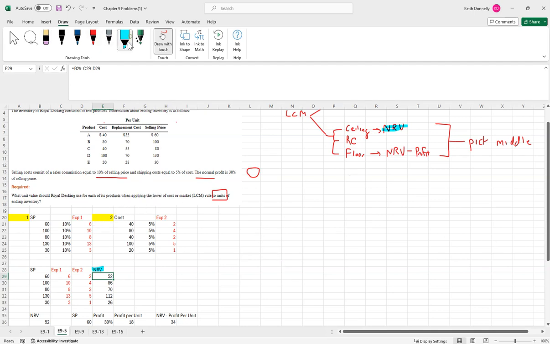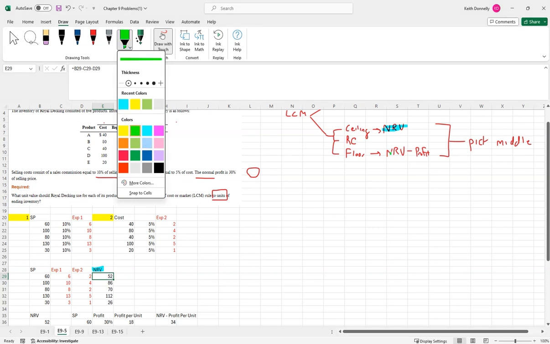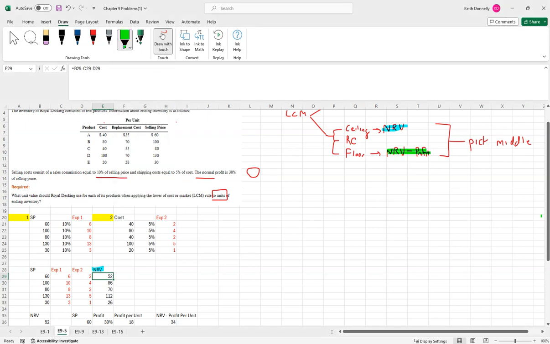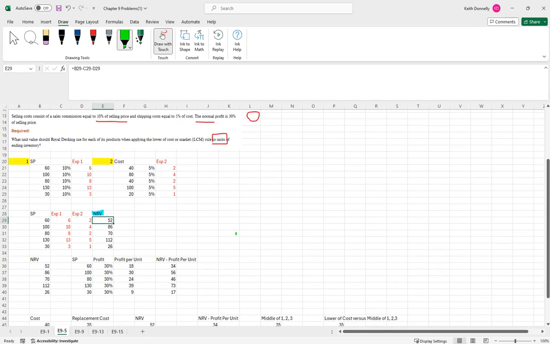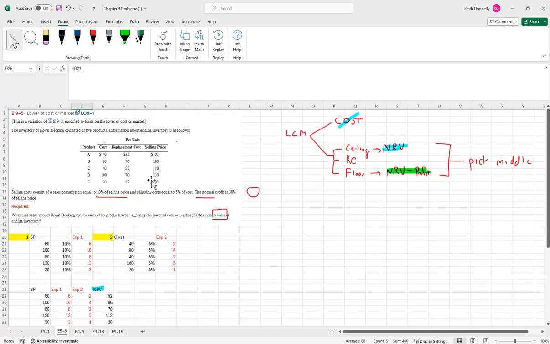Next thing we're going to try to find here is, because we're going to plug all these numbers in, this guy right here. How do we do that? We're going to start with our NRV. You can just carry that number down. Then we have our selling price, which comes from up here, 60, 100, 80, 130.